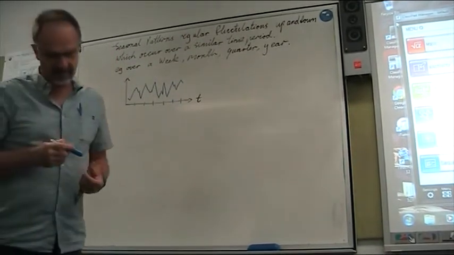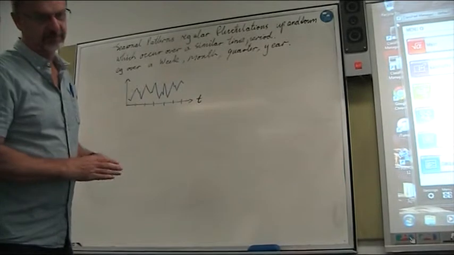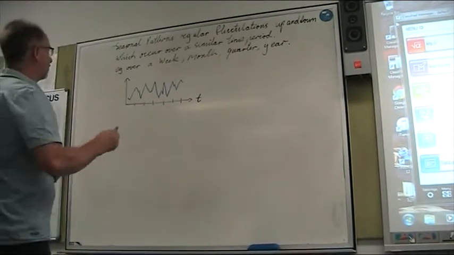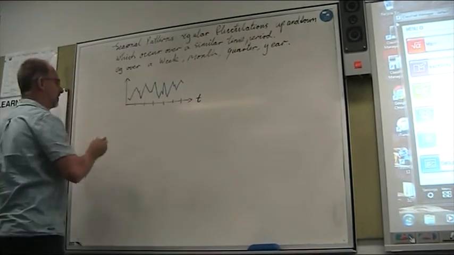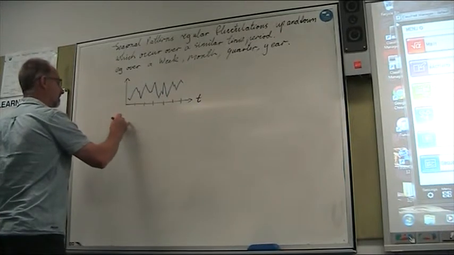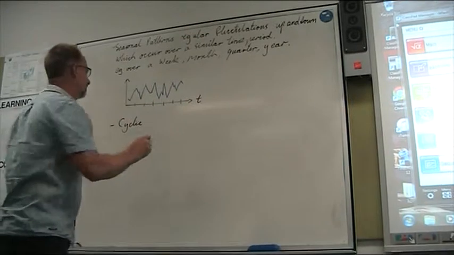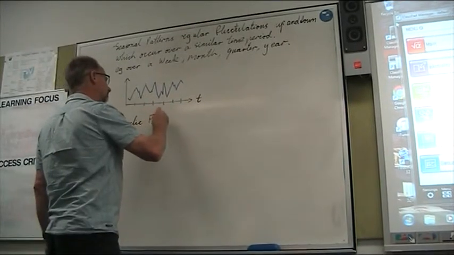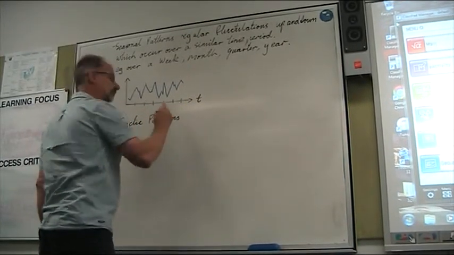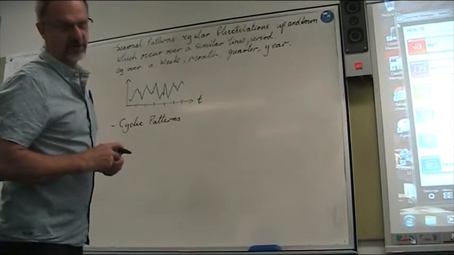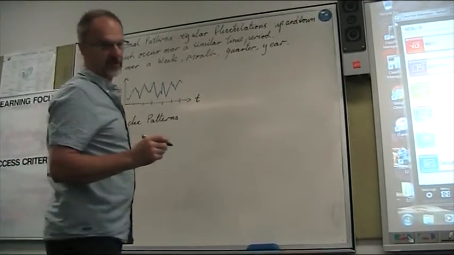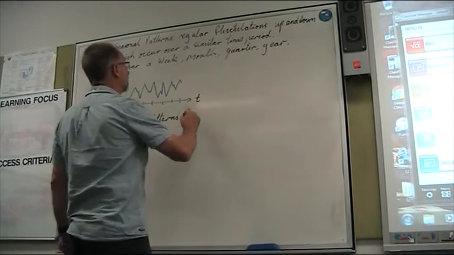Now you have other patterns that occur over longer periods of time, and they are what's known as cyclic. And so they generally occur over periods greater than a year.